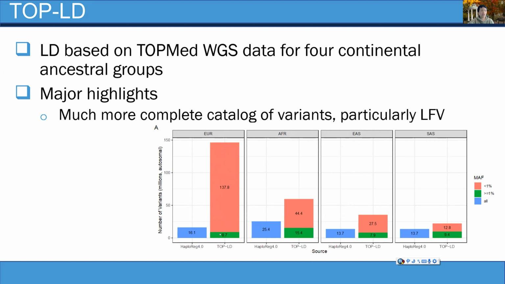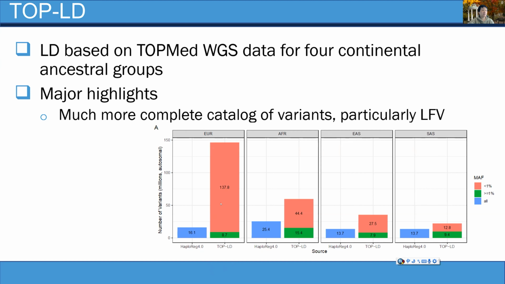In our data, we break down into common variants with minor allele frequency over 1% versus low frequency or rare variants with minor allele frequency less than 1%, and compare with HaploReg, which is based on the 1000 Genomes Project, a total of around 2,500 individuals, about 500 individuals from each of the continental groups.